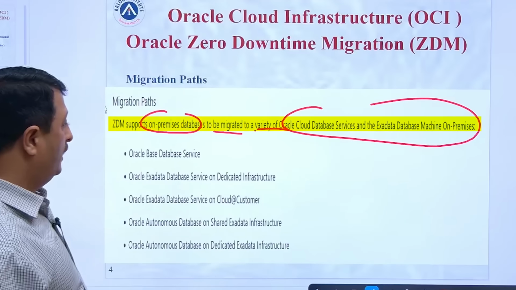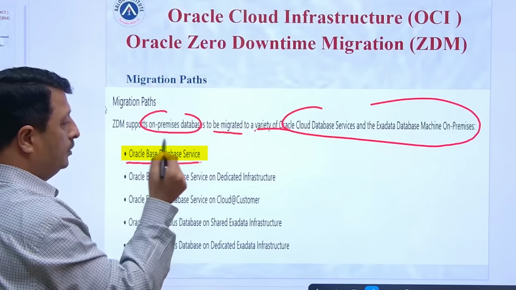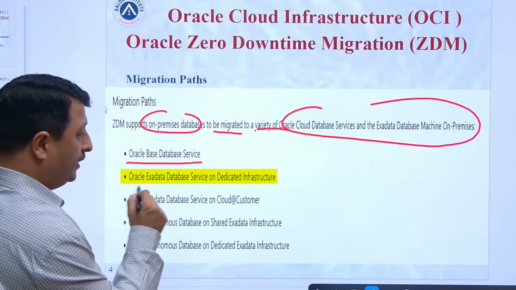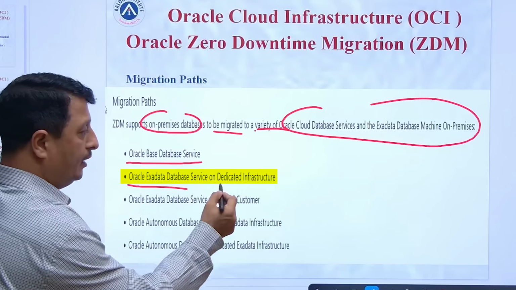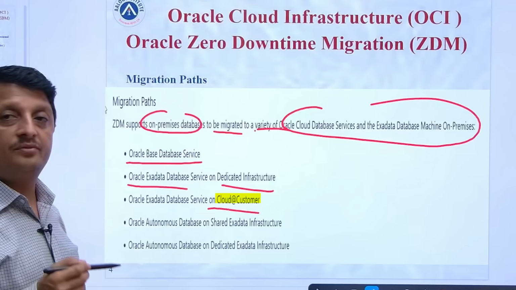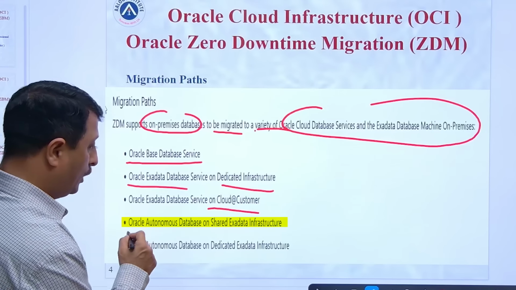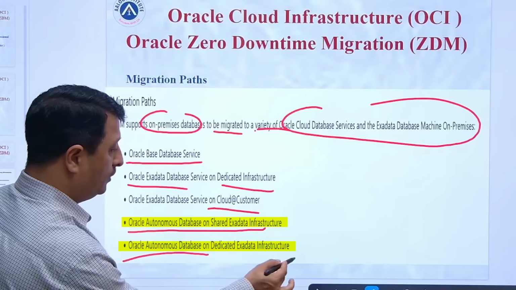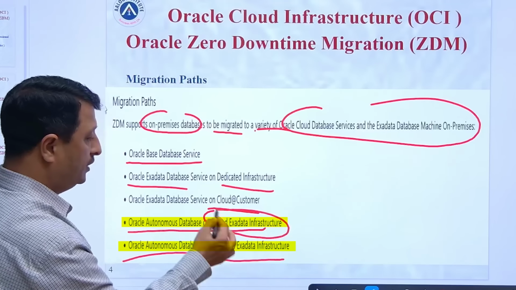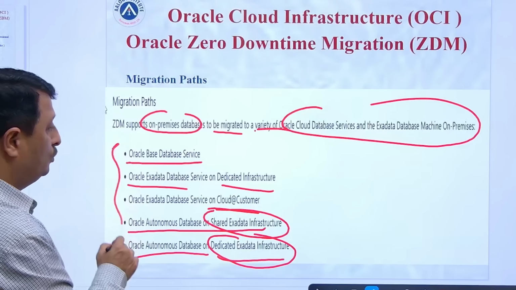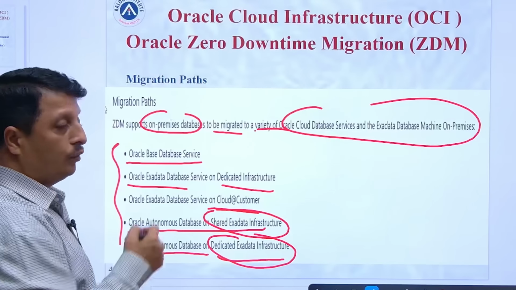It can be an Oracle Base Database Service, or Exadata on dedicated infrastructure, or Cloud at Customer. We also have Autonomous Database, which can be on shared infrastructure or dedicated. Based on what your target is, you can select one of them.